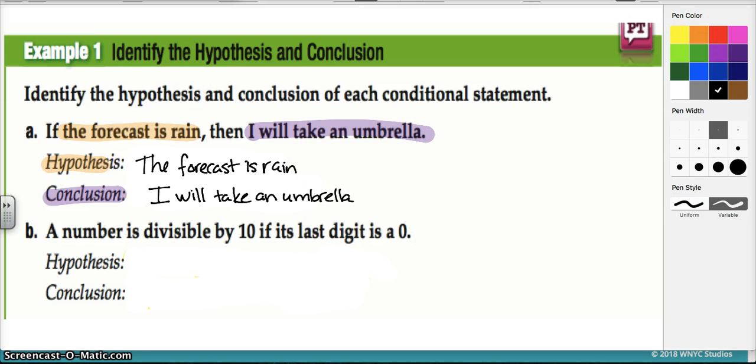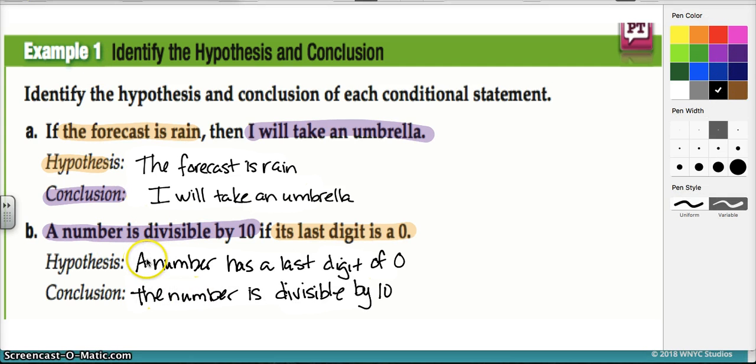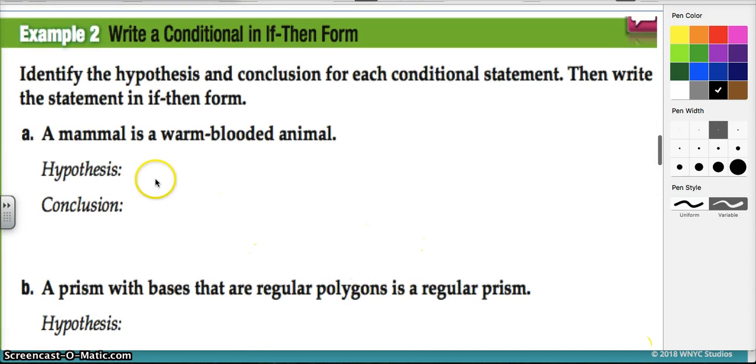I actually think the word if is tipping our hat and letting us know that if we have some number whose last digit is 0, then we can say that that number is divisible by 10. So I'm going to write it just like that. My hypothesis is a number has a last digit of 0, and my conclusion is that the number is divisible by 10.